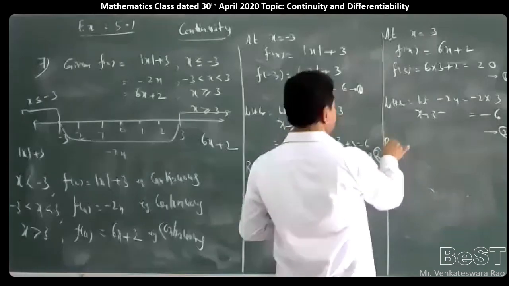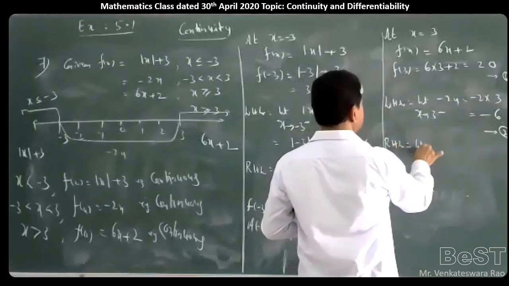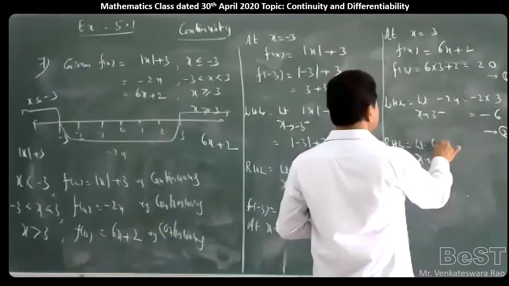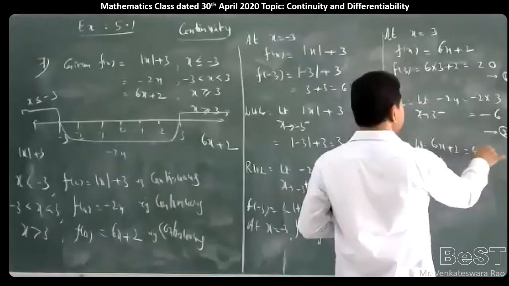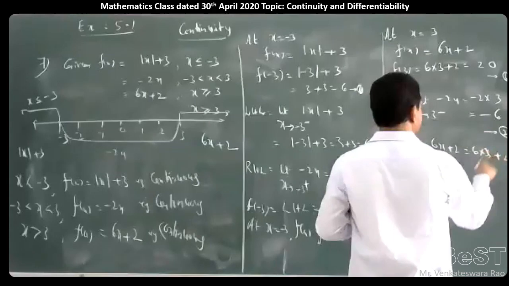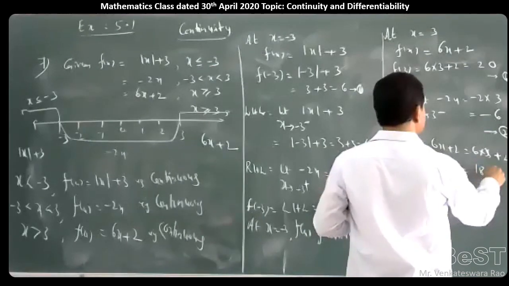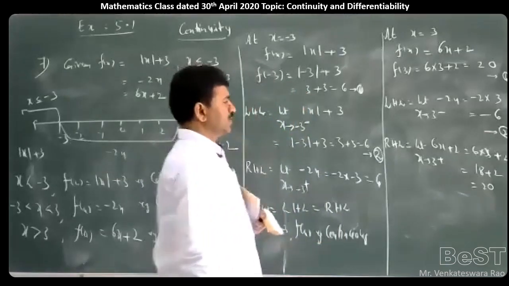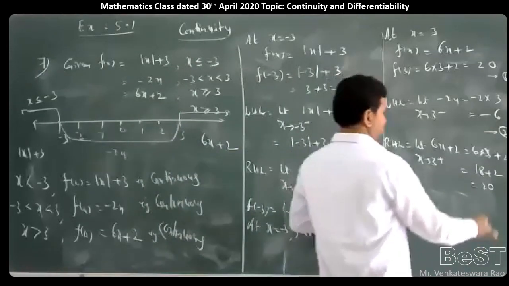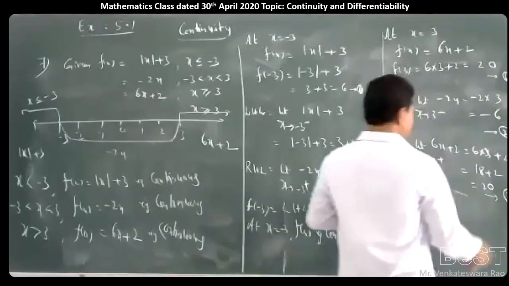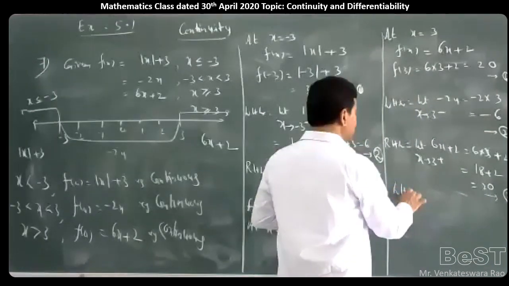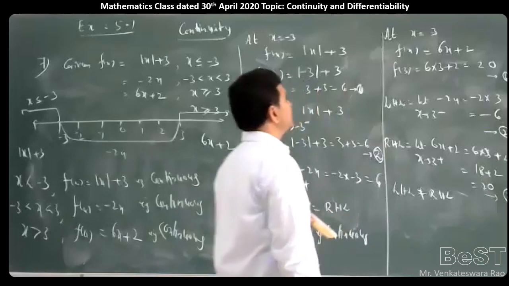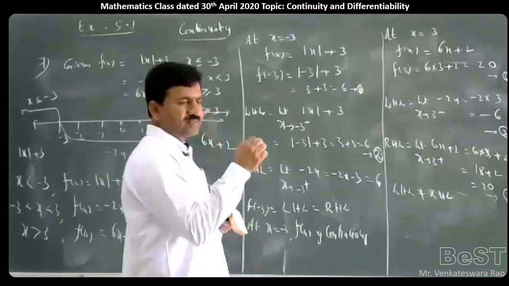Find the right limit also. Just practice it. Right limit is limit x tends to 3 plus, the function is 6x plus 2. 6 into 3 plus 2, so 18 plus 2, 20. Let it be equation 3. So here LHL is not equal to RHL. F of x is discontinuous at x is equal to 3.